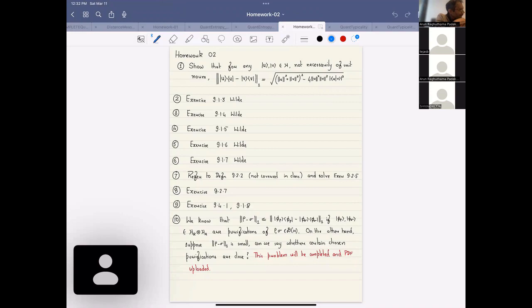So U goes from H to H prime. So U rho U dagger is an operator from H prime to H prime. U dagger will take you from H prime to H, rho will take you from H to H, and U will again take you from H to H prime. Okay, both of them are operators on H prime, correct? H prime, yeah. Okay, got it.